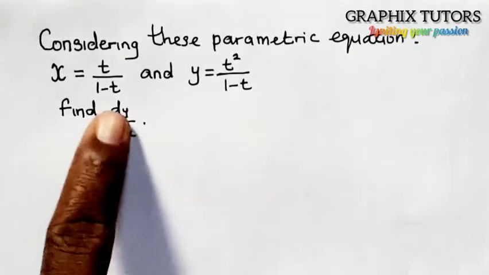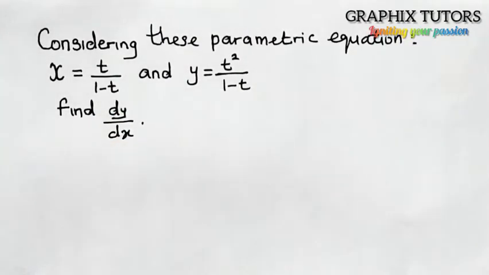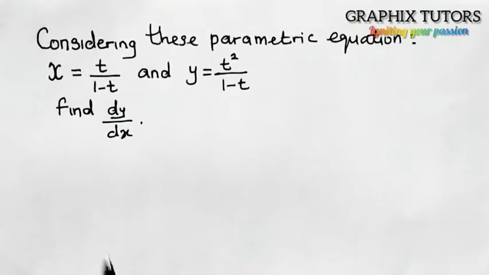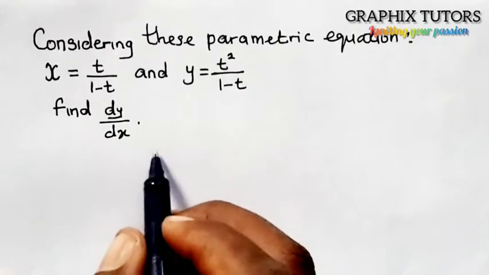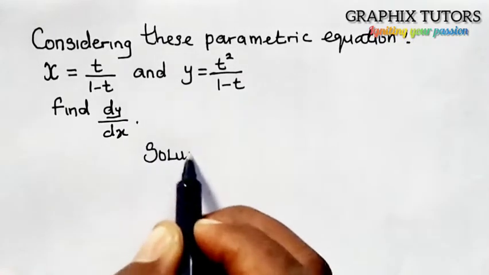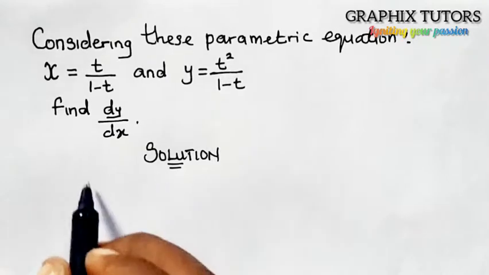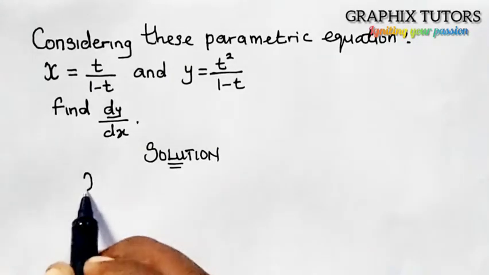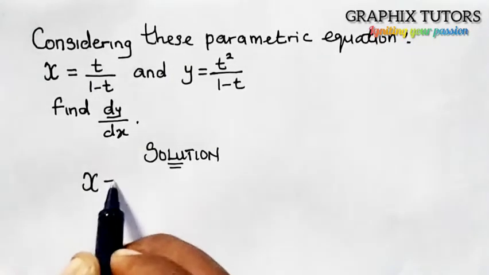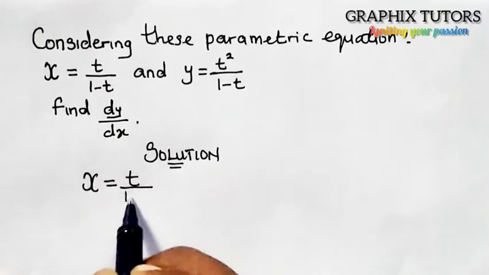So to find dy over dx, we solve them simultaneously. For the first one, the solution that we have here, we say that x is equals to t over 1 minus t.